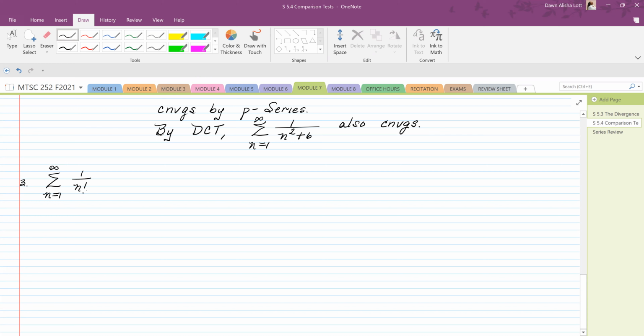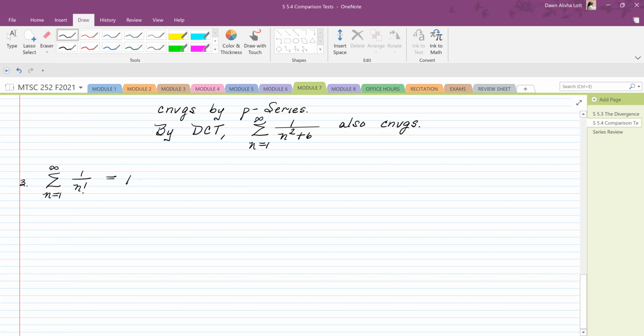Now, this is a hard one to be able to show whether it converges or diverges, but this one does converge. And the easiest way to show it converges is, again, compare its terms to the terms of a sequence that we know converges. So what do these terms look like?